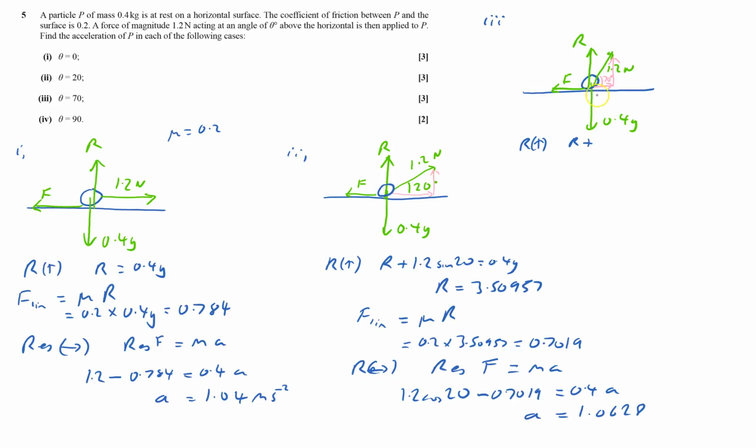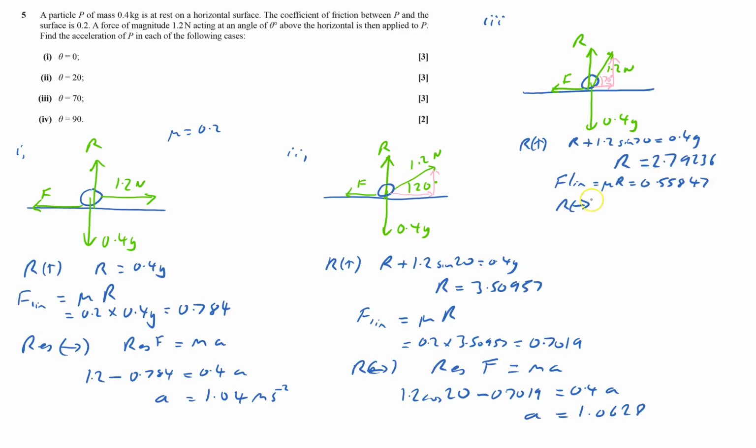And so R plus 1.2, and it's going to be this bit here, sine 70, equals 0.4g, and so R equals 2.79236. We've got F limiting, and that will equal mu R, which equals 0.2 times this, which equals 0.55847.